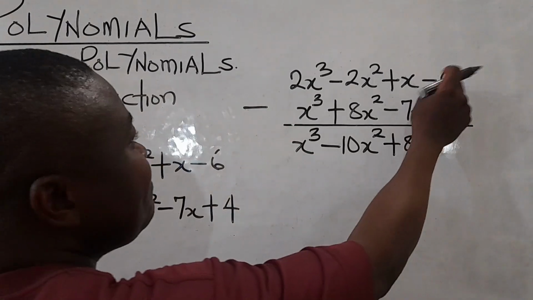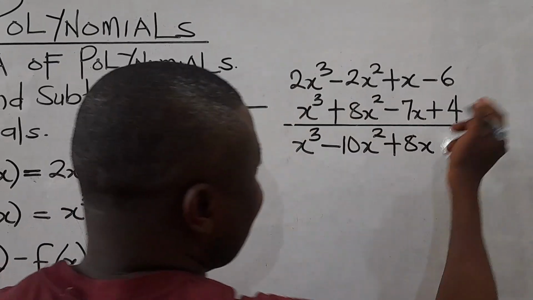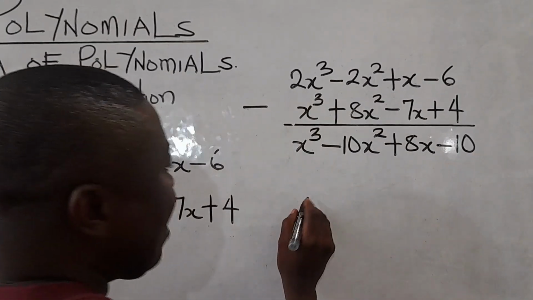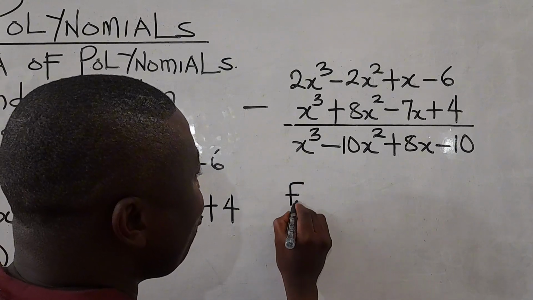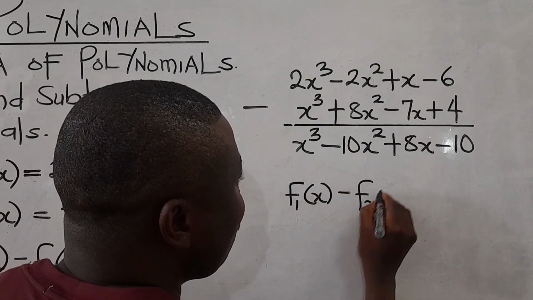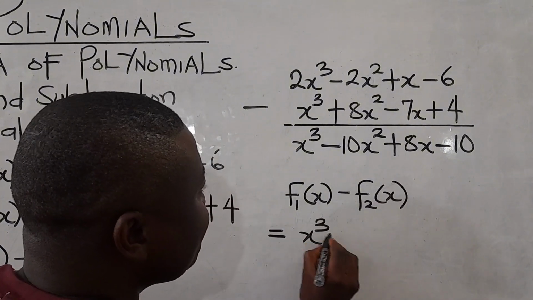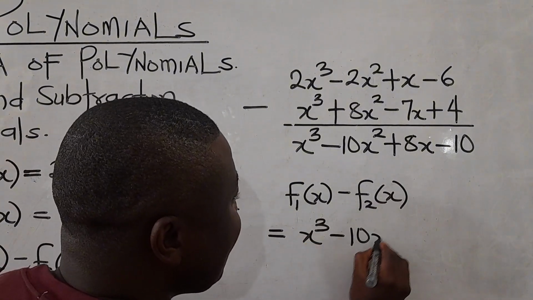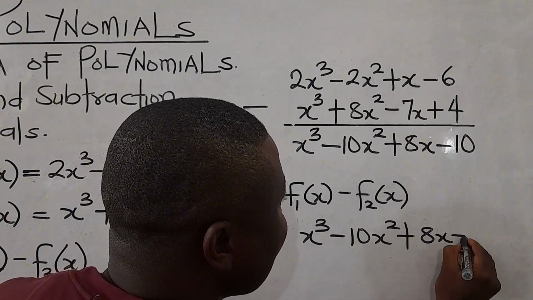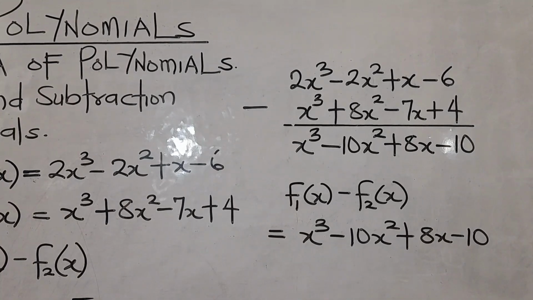And you have negative 6 minus positive 4, which is minus 10. So our answer, f1 of x minus f2 of x, gives us x cubed minus 10x squared plus 8x minus 10.